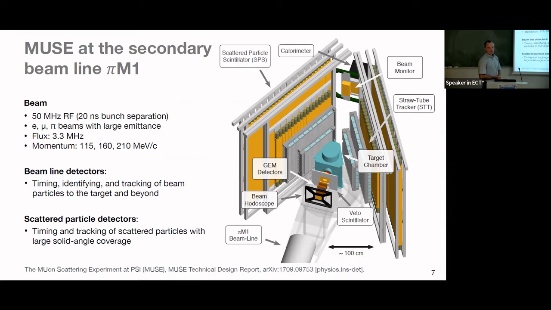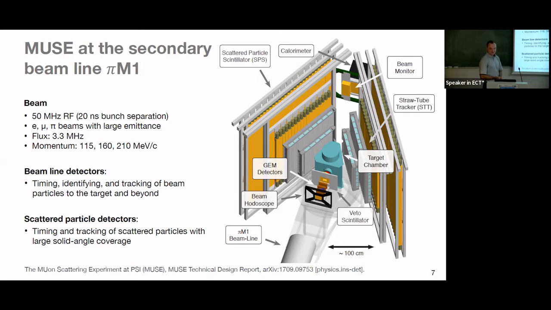We not only need to measure the outgoing particles, we also need to track and identify the particles going into this experiment. And I just briefly show here a sketch of the experimental setup. The particle beam enters from the pi-1 beam line at PSI, goes through detector systems prior to reaching the target.